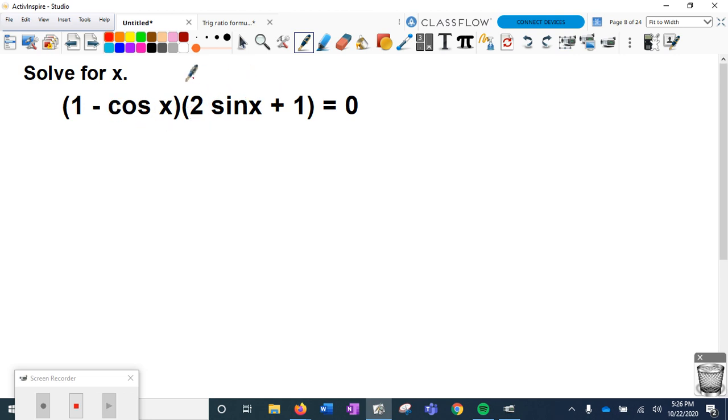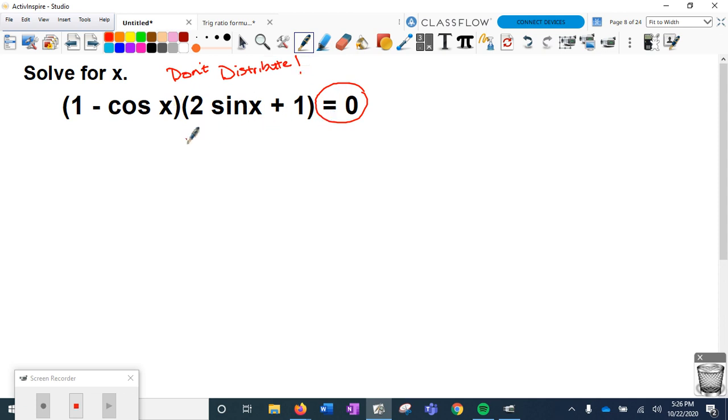Well, here's where you need to tap the brakes on that. We are not going to distribute because this thing equals 0.